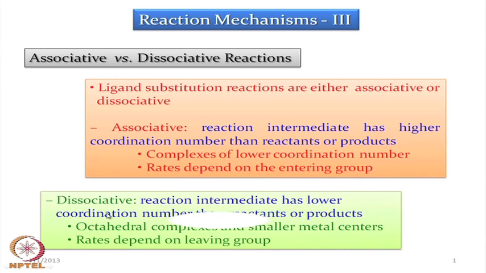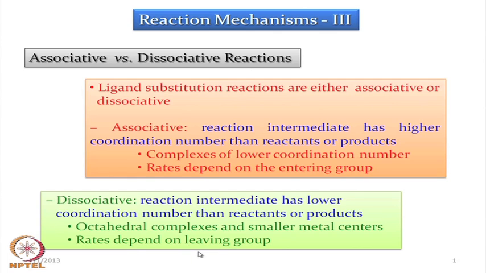Similarly, when we go for the dissociative reaction, the reaction intermediate has lower coordination number than reactants or products. It is typically opposite to the associative reaction, and octahedral complexes can give rise to that dissociative reaction, as well as smaller metal centers, that means metal centers having lower coordination number. In this case the rate of the reaction is dependent on the leaving group.